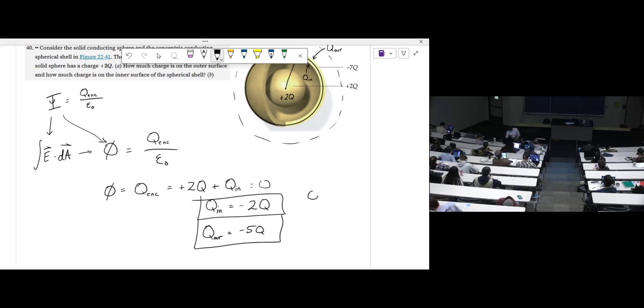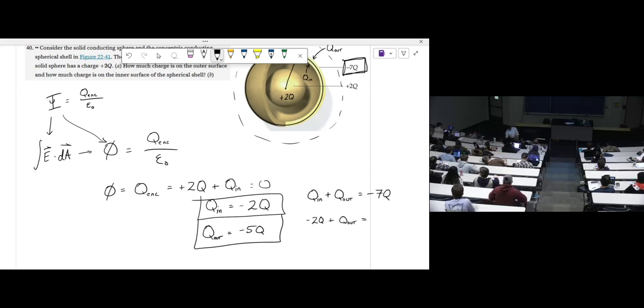Well, it's because Q on the inner wall plus Q on the outer wall has to be equal to minus 7Q, because that's what is given in the problem. So minus 2Q plus Q out is equal to minus 7Q, or Q out is equal to minus 5Q, which is exactly what we've got here.